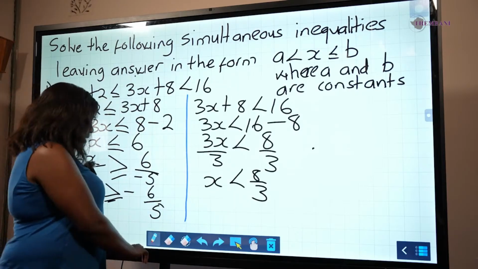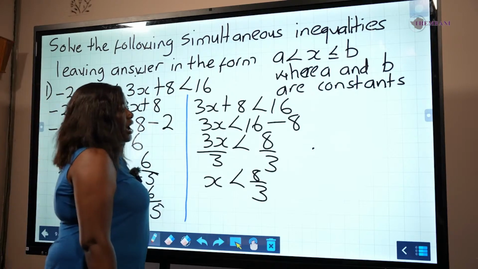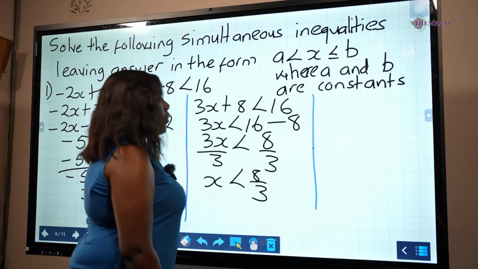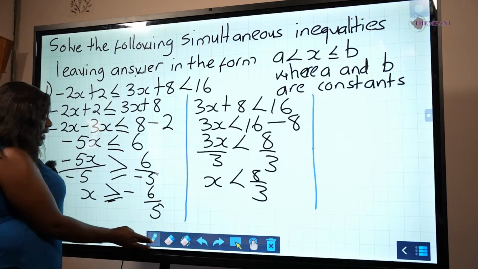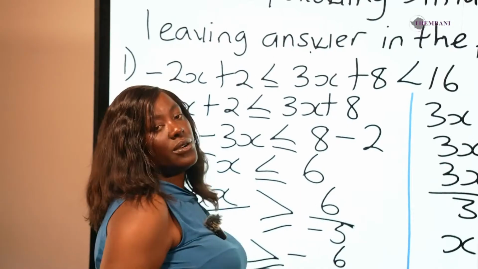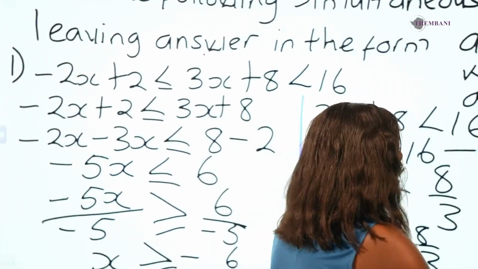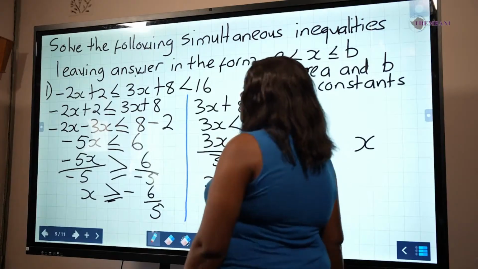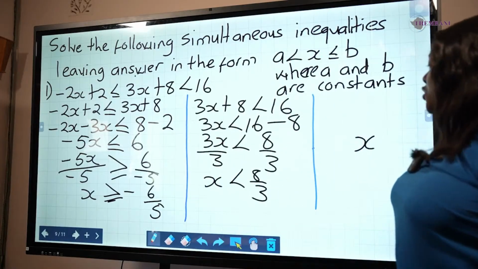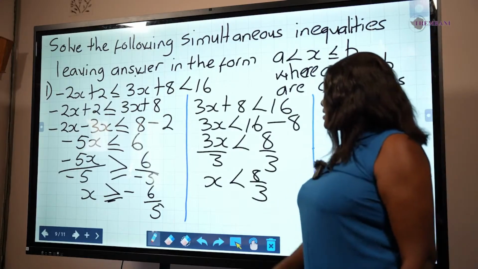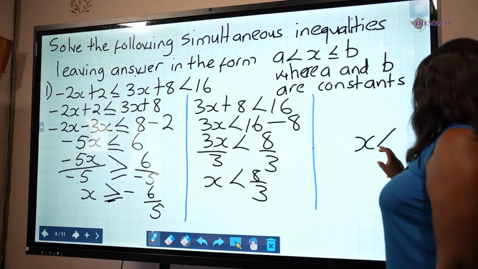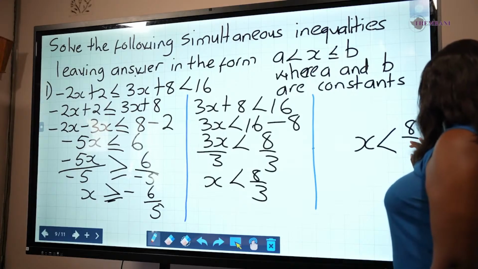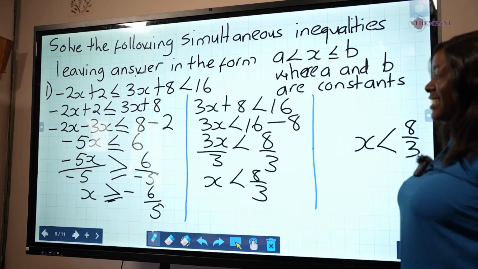So we have this solution and we also have this solution. Now we want to combine our solutions, our simultaneous inequality. What did we say we write first when we are now combining our inequalities? I said you put your variable in between. After putting your variable, I'm writing this statement as it is. So it's x is less than 8 over 3. I've written it as it is.